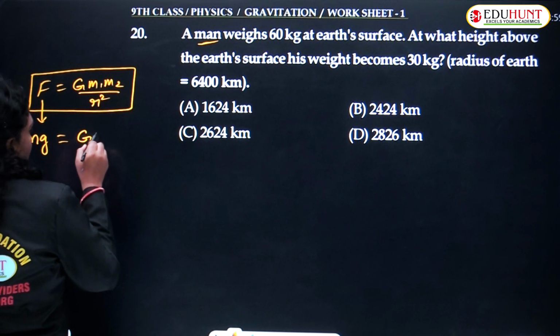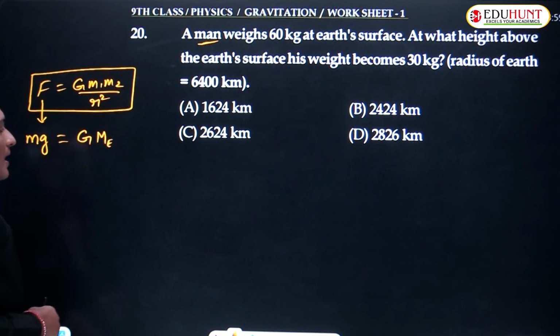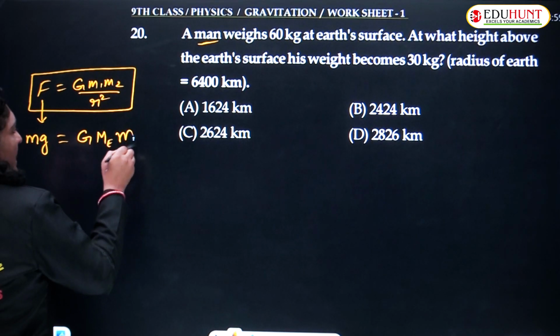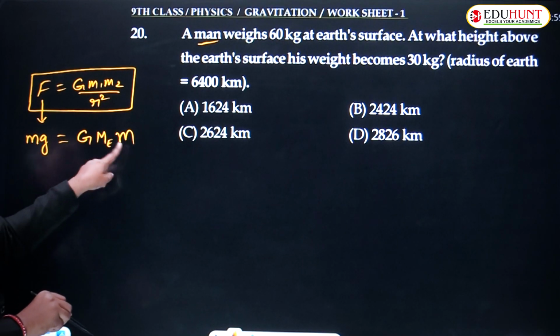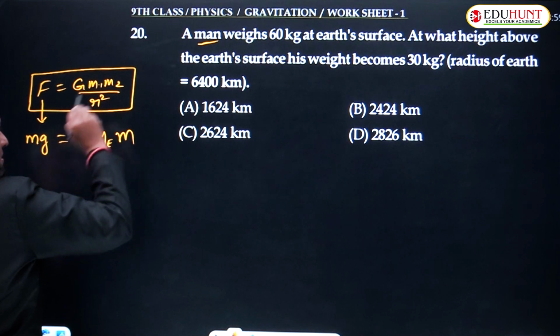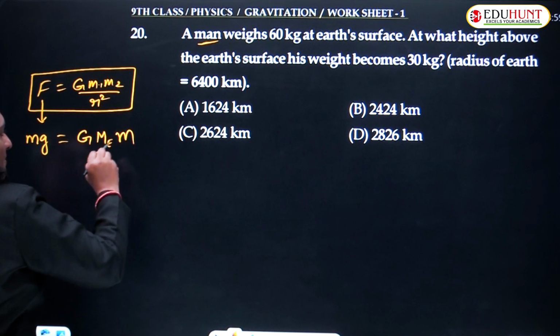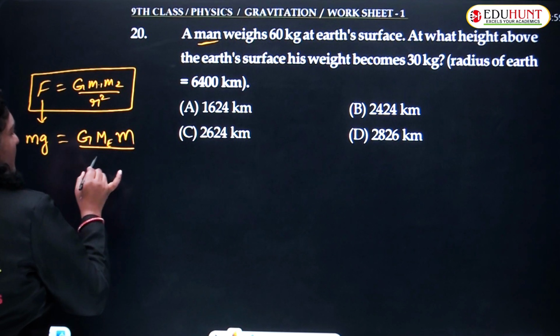If I consider the mass of the earth as M and the mass of the man as m, as we have already considered, then M1 is the earth's mass, M2 is the man's mass, upon distance square, say r square.